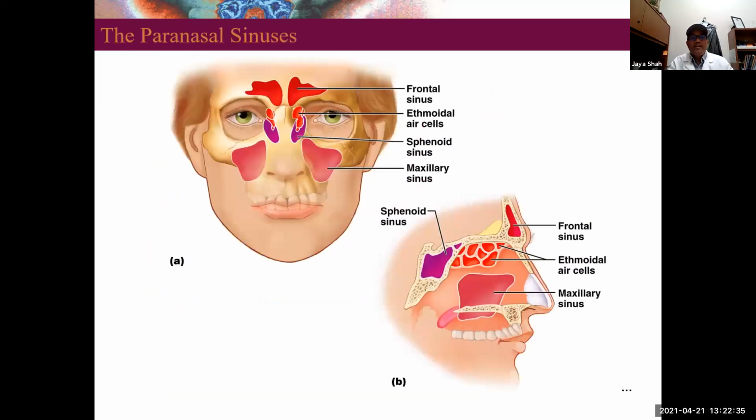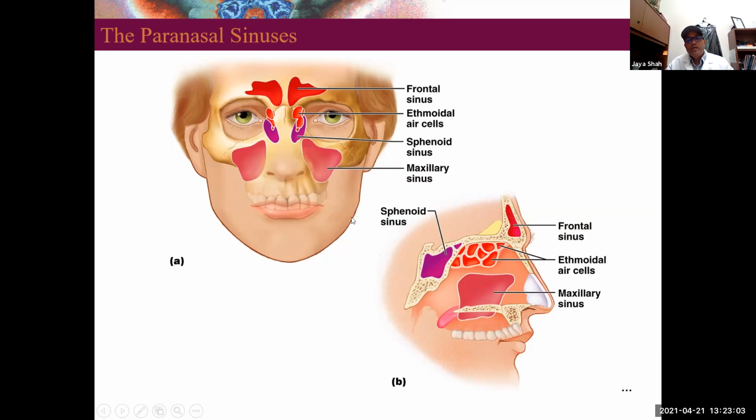So as I said earlier, regarding paranasal sinuses, this is the diagram you can see. Paranasal sinuses are named after the bones. So there are two frontal bone sinuses, one on each side, so we call them frontal sinuses. Then in the ethmoid bone, there is the ethmoidal air sinus. Then the sphenoid sinus. In the maxilla, you have maxillary sinuses on both sides, but the mandible is highly movable and does not have any sinus.